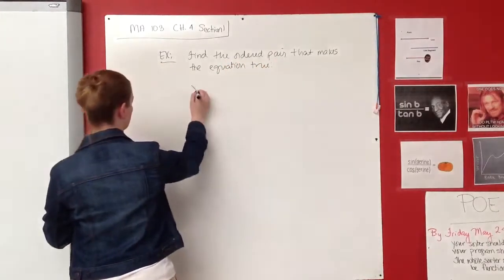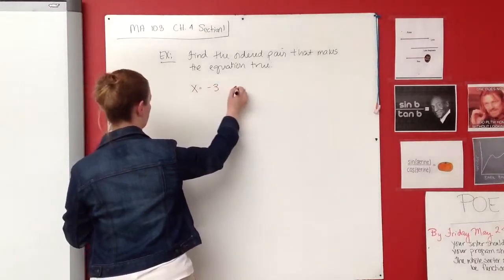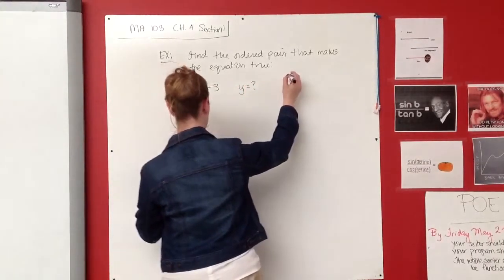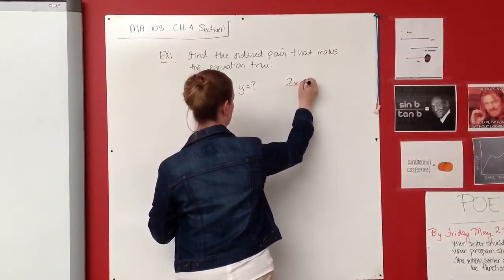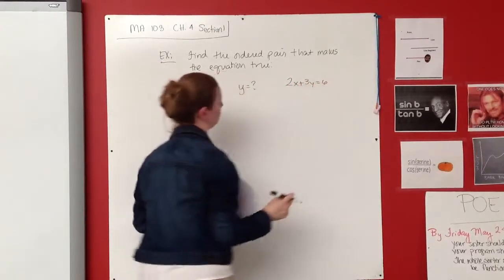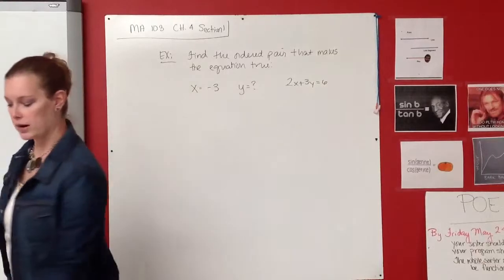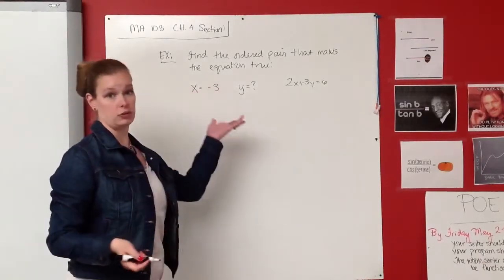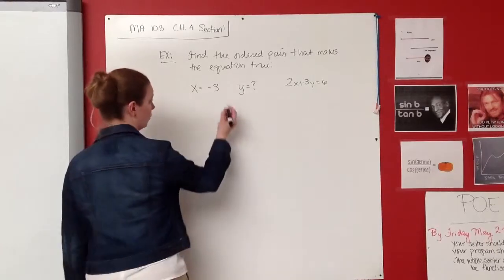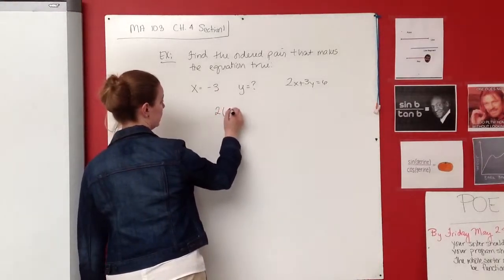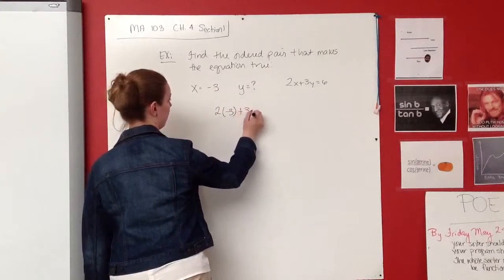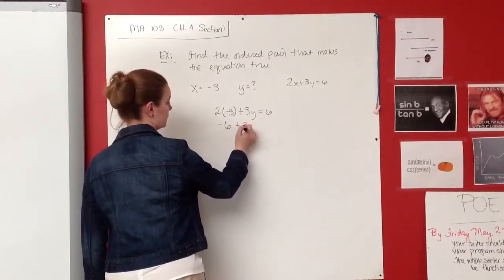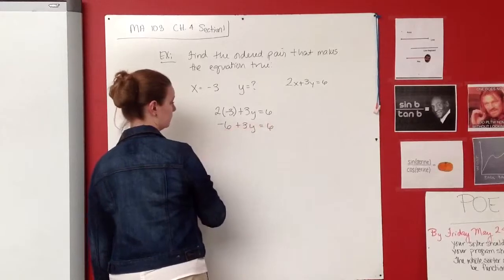If we're told that x equals -3, and we want to find some value for y that makes 2x plus 3y equal to 6, the idea is all they're asking you to do is substitute the value that they give you for x and then solve for y. So we would say, okay, 2 times -3 plus 3y equals 6. -6 plus 3y equals 6.